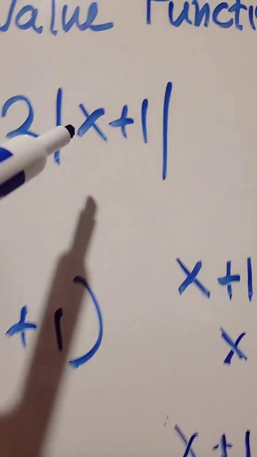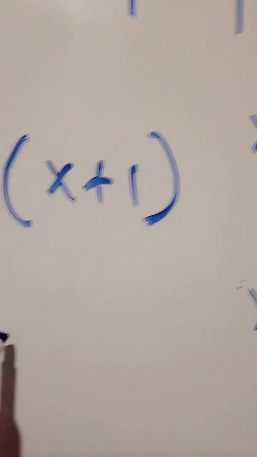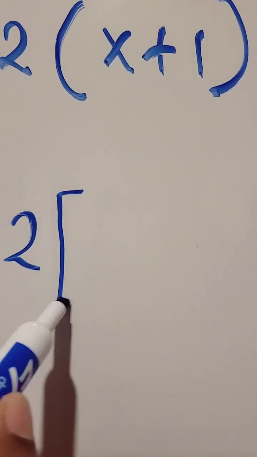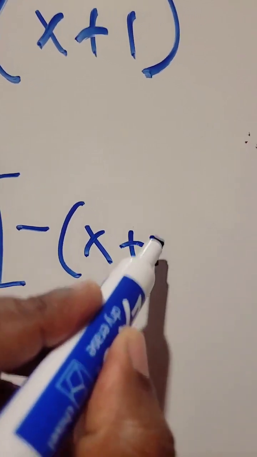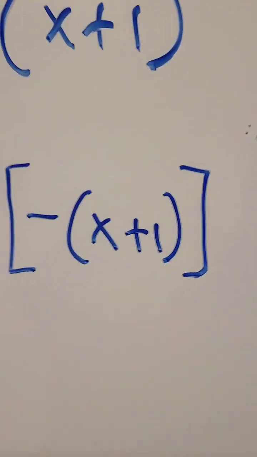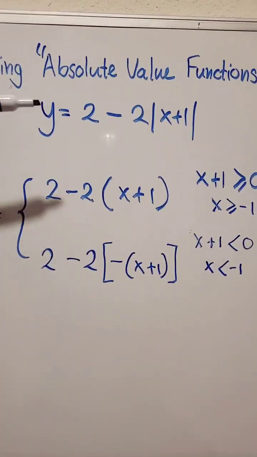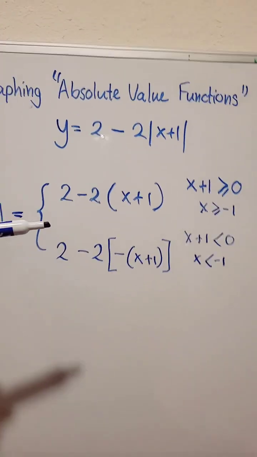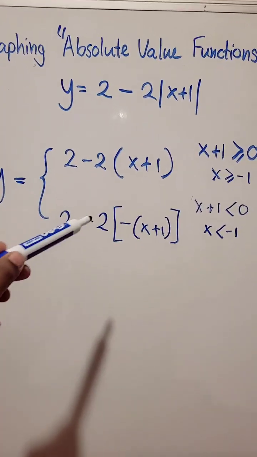So we need to have a minus sign in front of this. So I'm going to write it like this so no one is confused: minus x plus 1, and then close parentheses, the square brackets. And that's our absolute value function transformed into its piecewise function form.